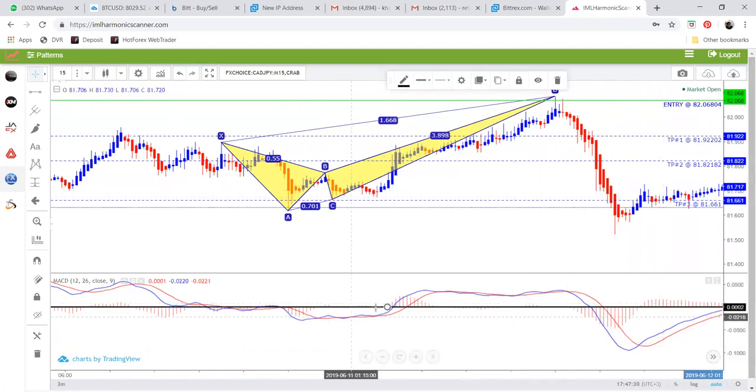Now, let's break down the MACD, how it works, right? What's going to be important is crosses in these lines as well as crosses over this 0 line, right? So once these 2 lines cross over, whether going down or coming up, that's important.